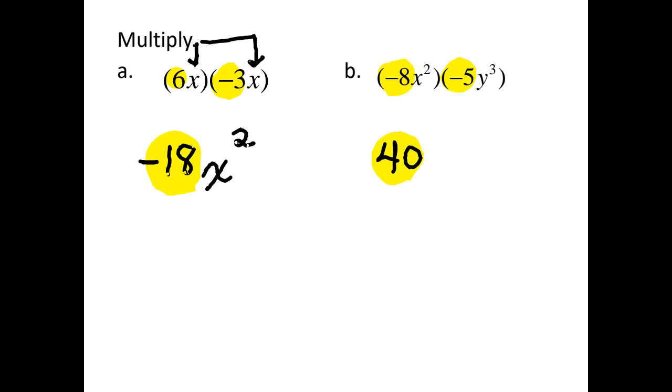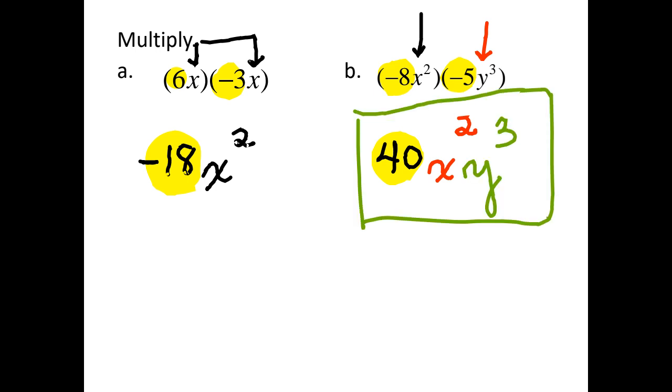But notice, I have an X and I have a Y. They're not the same. But what letter comes first in the alphabet? X squared, Y cubed. This is my answer.